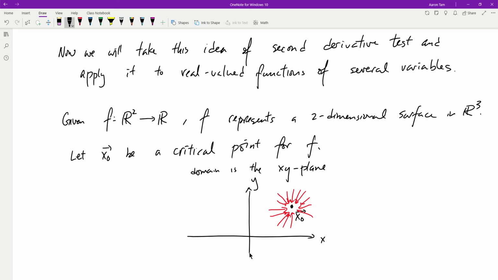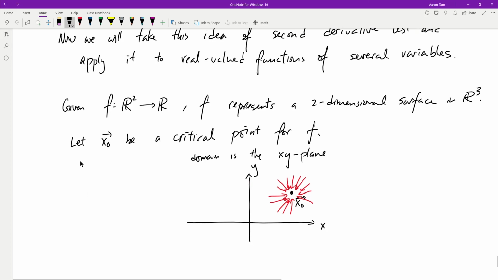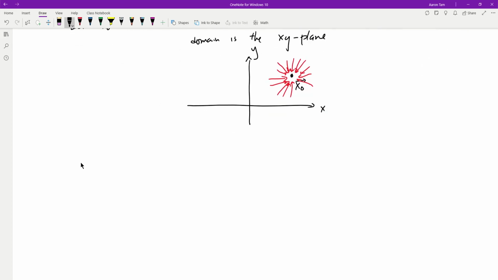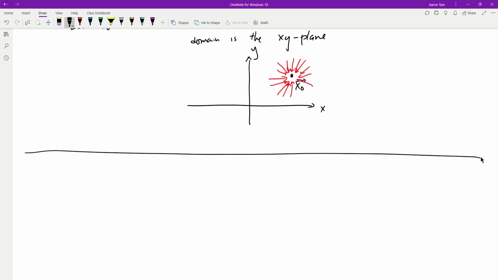But before we get to that, let's talk about what the second derivative test for multivariable calculus looks like first. And then that way we can explain how that works. So, definition. We do this thing called second derivative criterion.